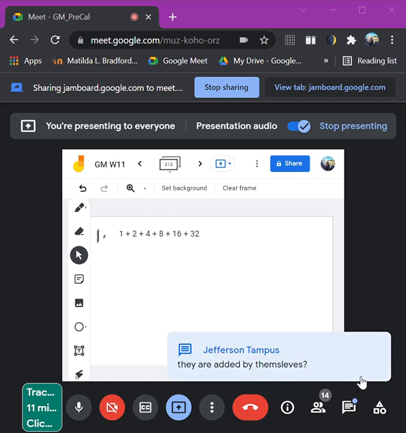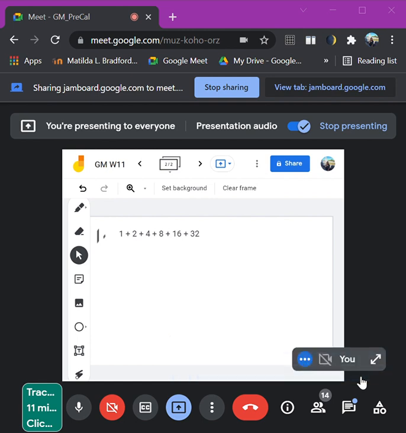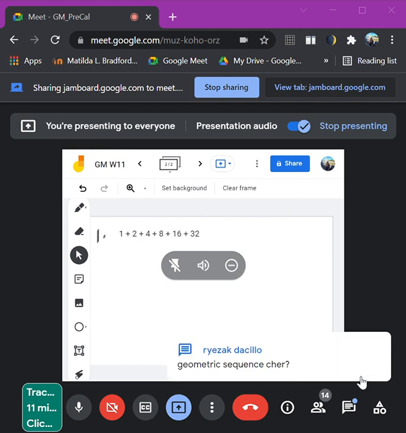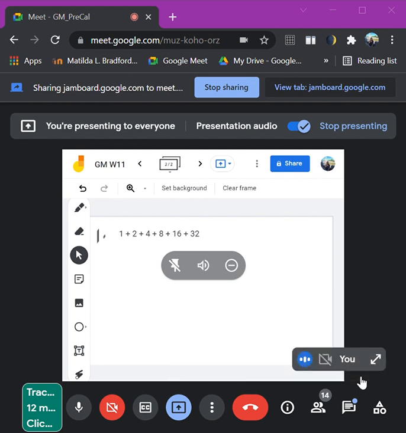They are added by themselves. Actually, yes, it can be. But if we just make it simple, you can use exponents, geometric sequence, sure. Yeah, actually, it's a geometric sequence.